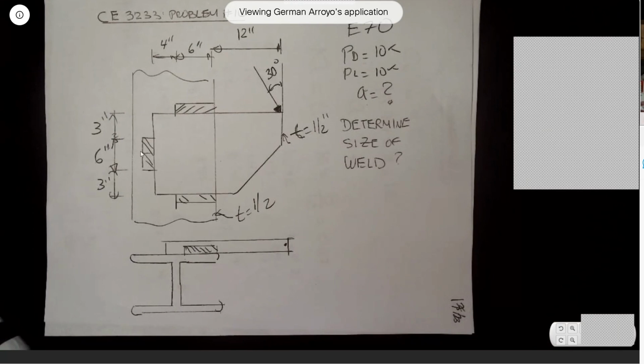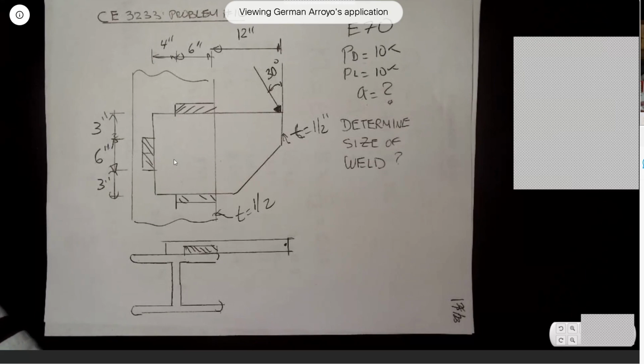The location of the y-axis is unknown. So I'm going to use this line as my reference to compute the location of the centroid of the distribution of welds. After that, I'm going to move the force in Y to the centroid, the force in X to the centroid, and the moment.